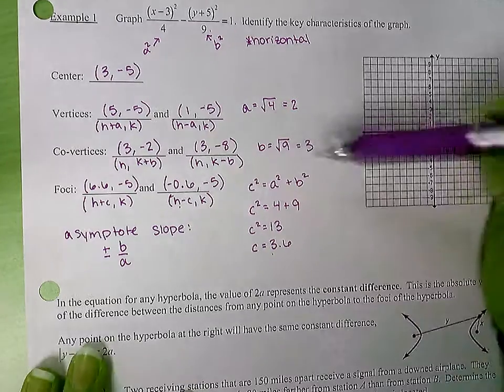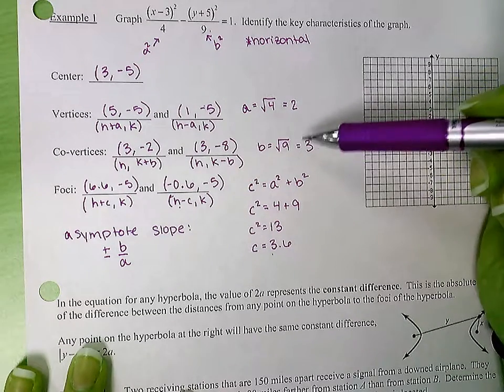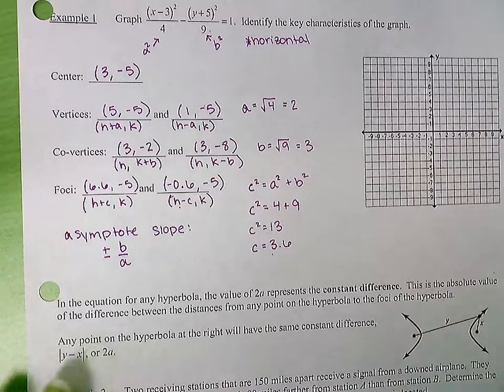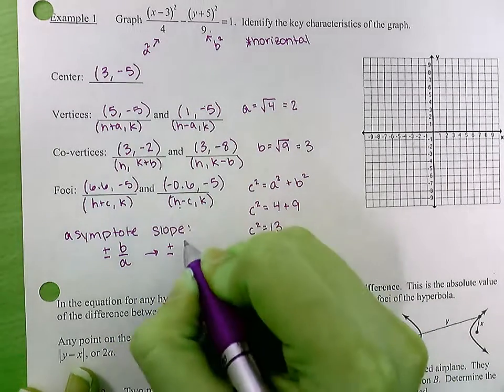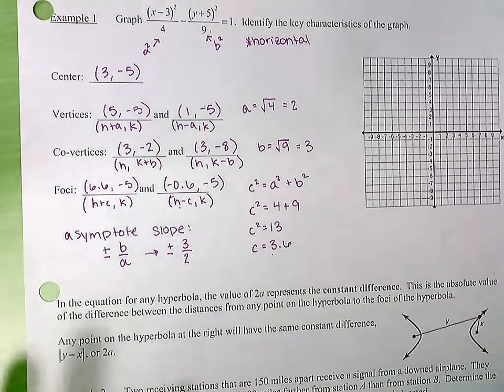Okay, and I have both a and b right here. So our slope for our asymptotes here will be plus or minus 3 over 2.